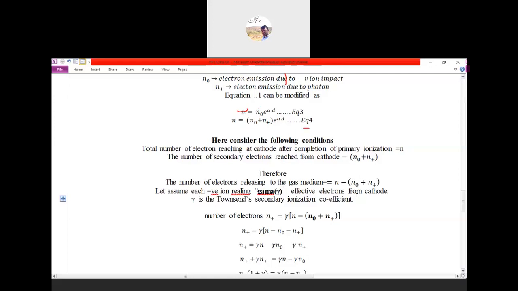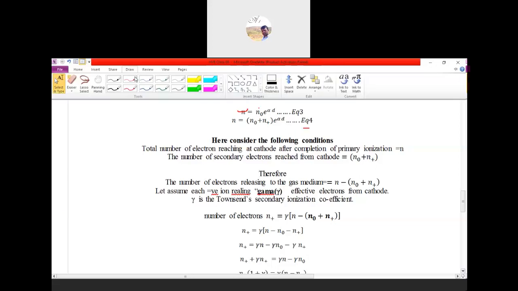Now we are applying the equation: n is equal to n naught plus n plus. The total number of electrons is n naught plus n plus.